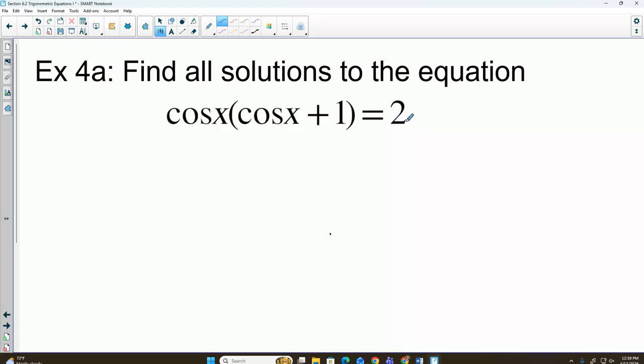No, that only works if it's a 0. So what do we have to do instead? Distribute that out. And I'm going to subtract over my 2.